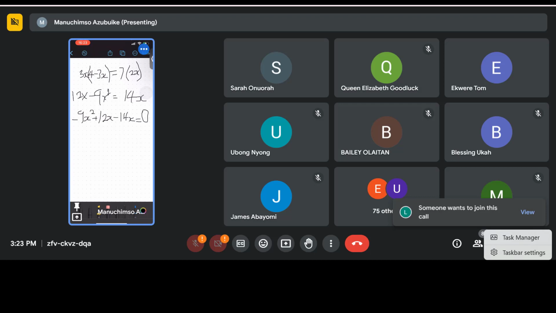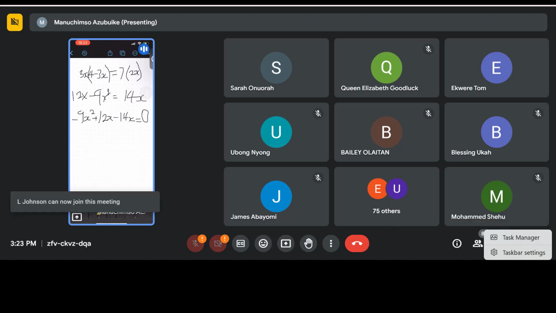So if we multiply both sides by minus 1, the right side will still be equal to 0, but the left will now be 9x squared minus 12x plus 14x.